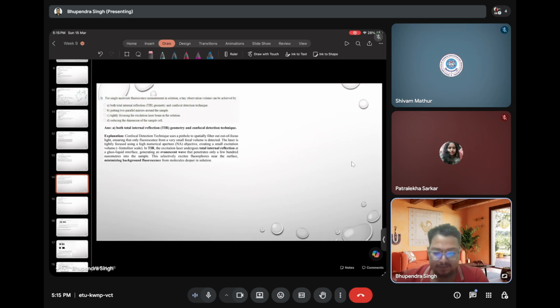So let's see what the explanation is written here. Confocal detection technique uses a pinhole to spatially filter out-of-focus light, ensuring that only fluorescence from a very small focal volume is detected. The laser is tightly focused using a high numerical aperture objective, creating a small excitation volume, femtoliter scale.